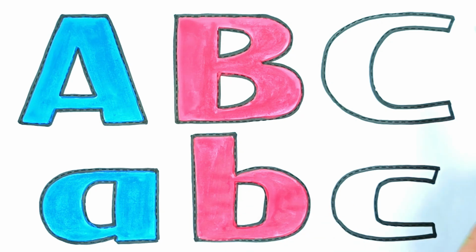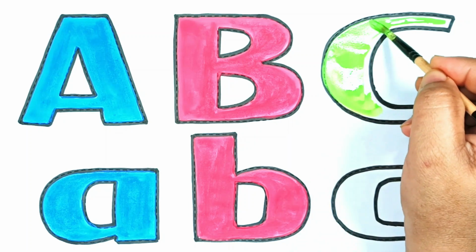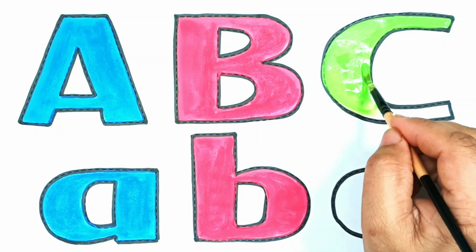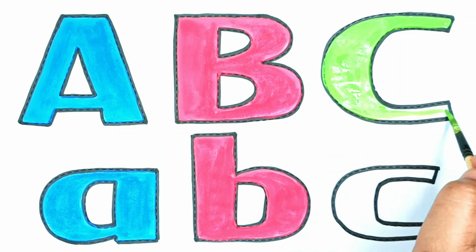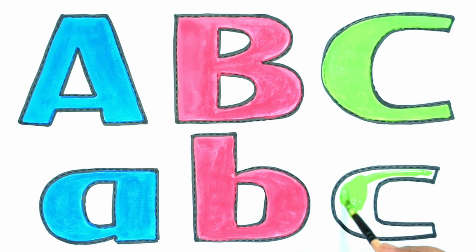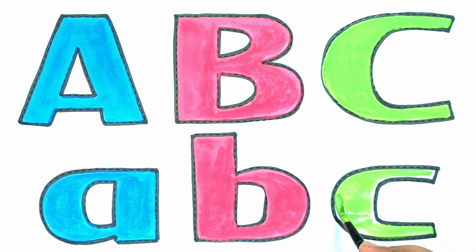B is for bat. C is for carrot. C is for car.